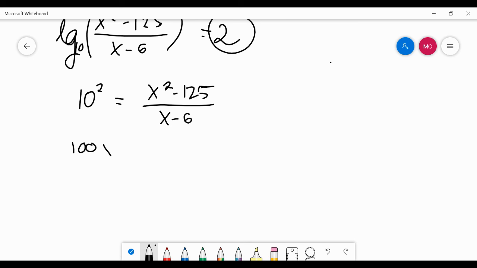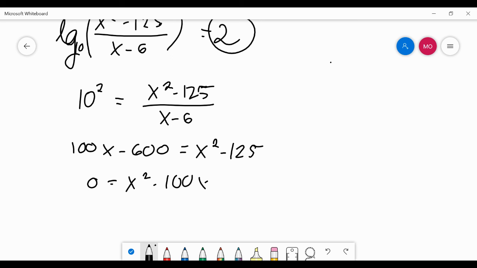So we're going to get 100x minus 600 is equal to x squared minus 125. We have a quadratic, so let's put one side equal to 0. So x squared minus 100x, and then plus, what do we get? 475, I think. Seems about right.